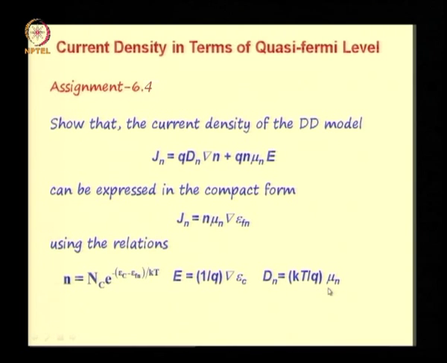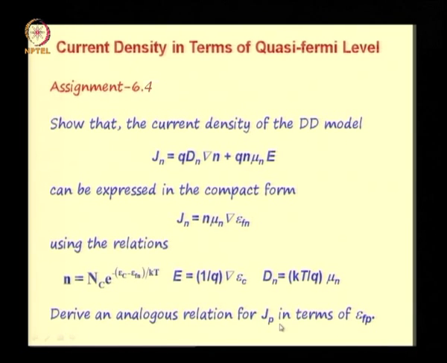This is the Einstein relation. So you use these three facts and substitute these here, and you should show by algebraic manipulation that this equation containing two terms, drift and diffusion, reduces to a single term in terms of gradient of EFN.